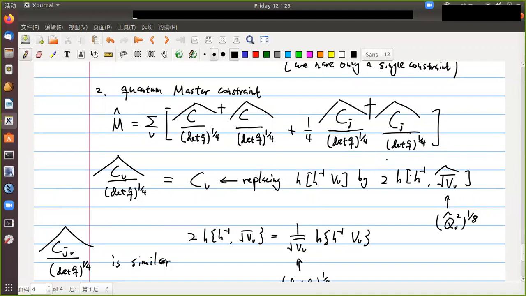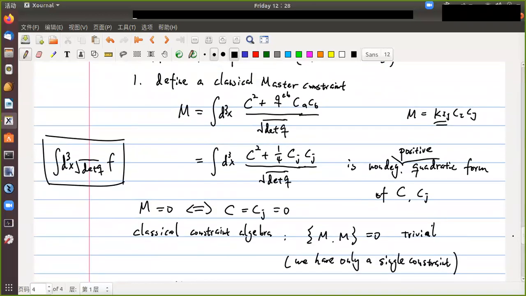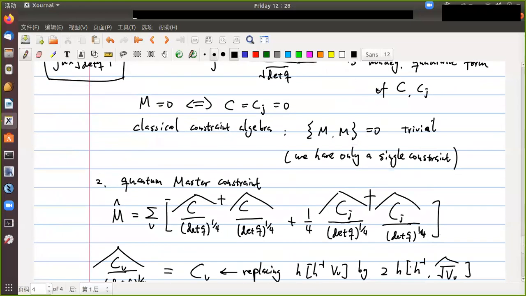When we do the quantization, this is a quadratic form. It has to be a symmetric quadratic form, but at the quantum level it has to be a Hermitian quadratic form.